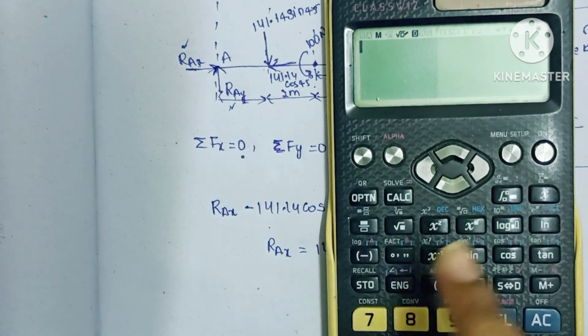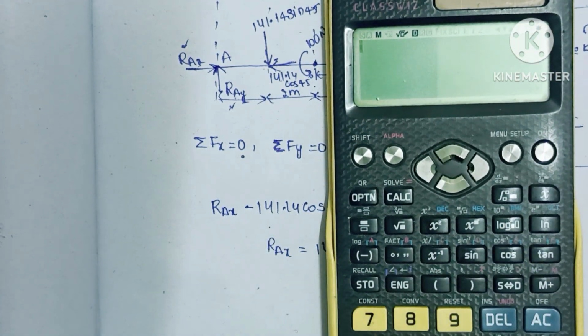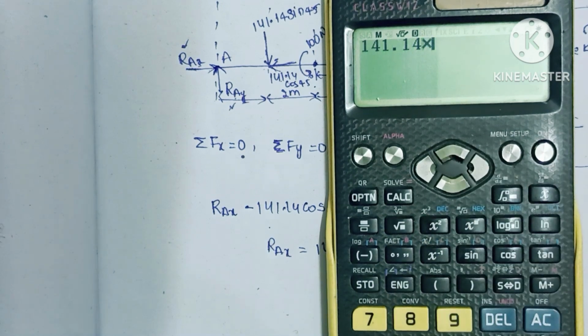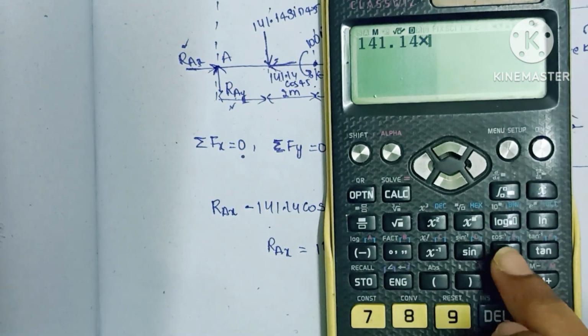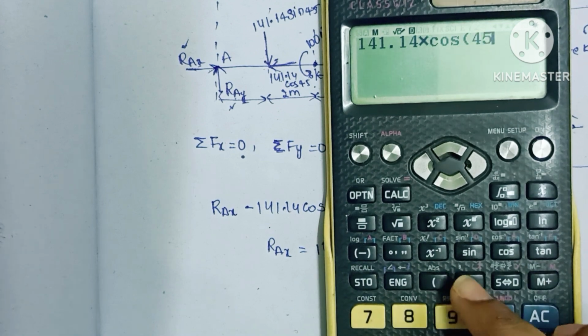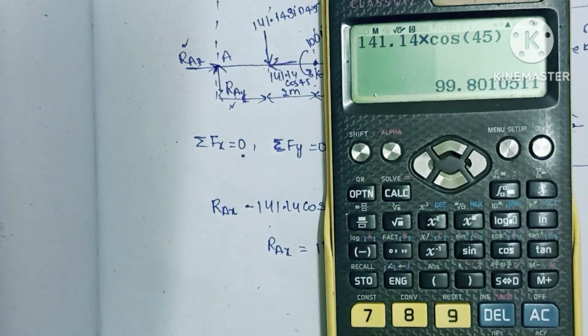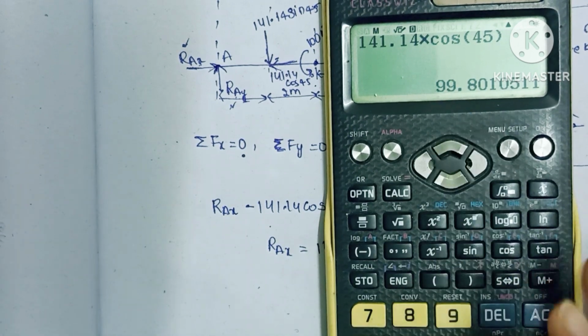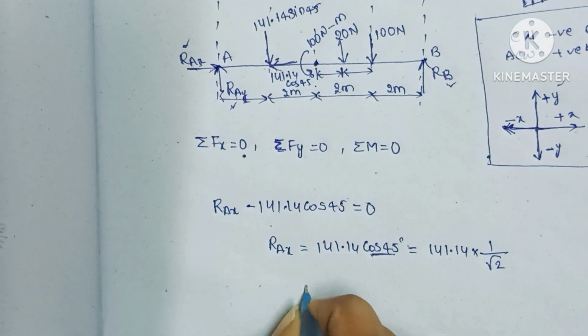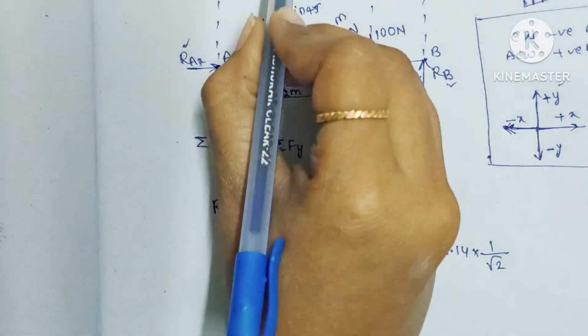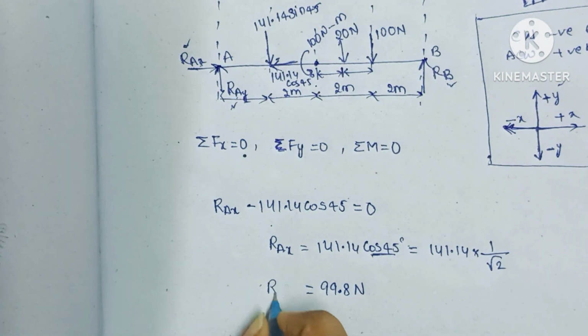How to calculate in the calculator we will see now. 141.14 into cos 45, which is equal to 99.8, so 99.8 newtons. Here we have the Newton sign, so RAX equals 99.8 newtons.